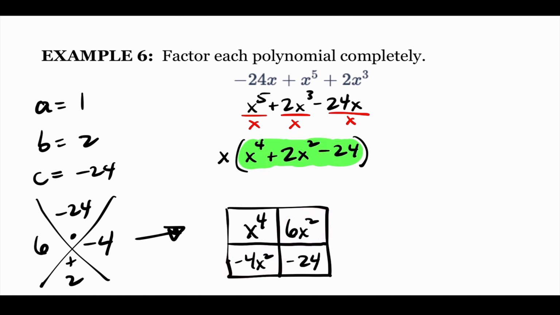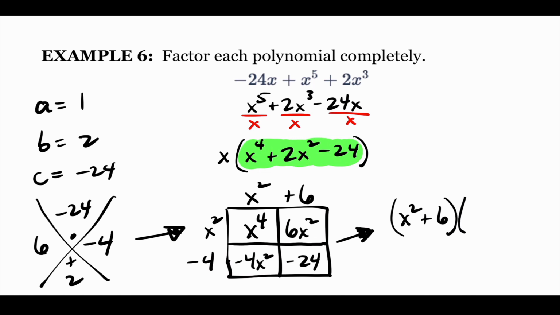That's why they have x squareds with them. To make x to the 4th, I go x squared and x squared. This one needs a positive 6, this one needs a negative 4. So I have x squared plus 6, x squared minus 4, and then I had a GCF as well, so I got to include that too.